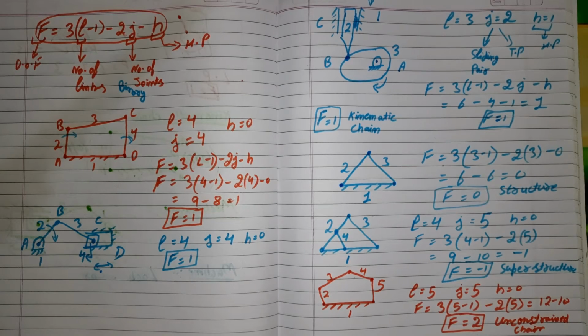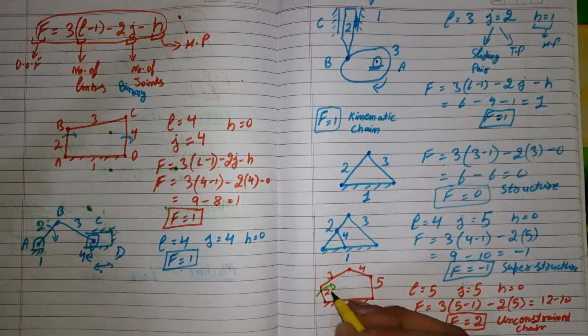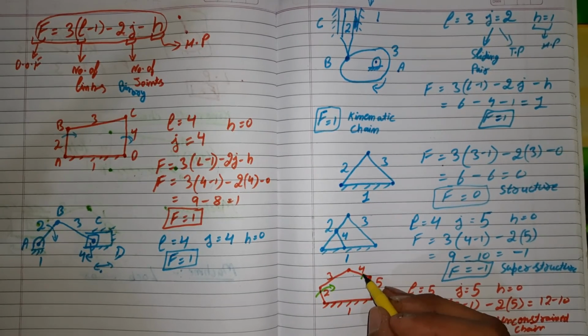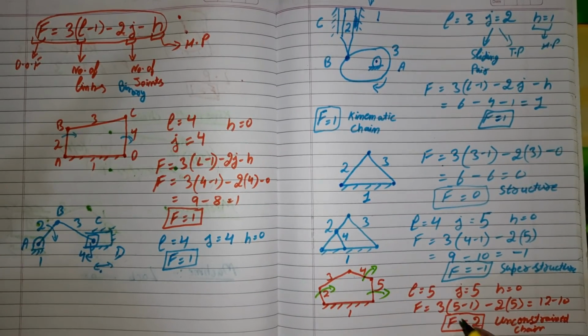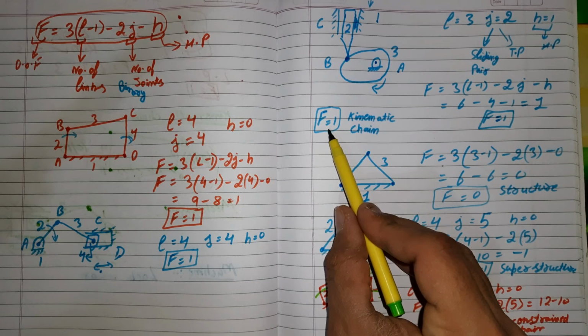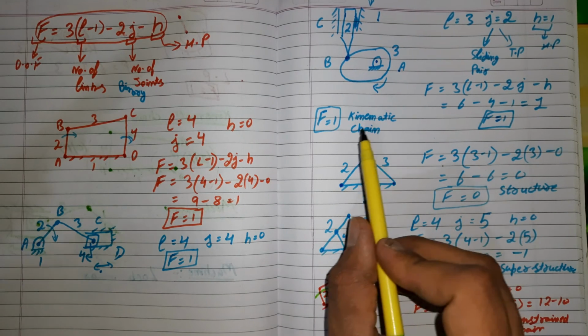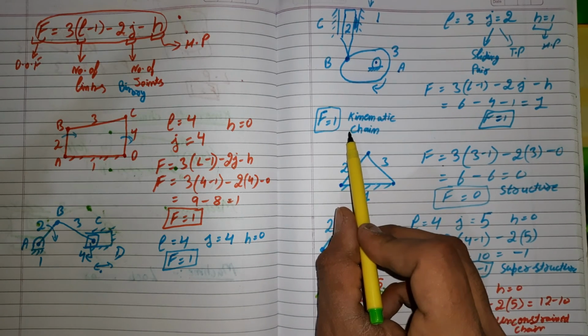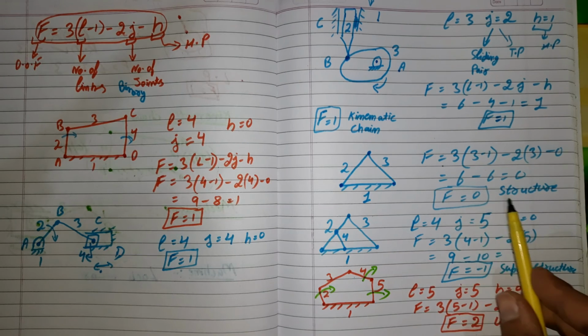Suppose we consider this link 2 as input, we'll get more than one output, like 4 and 5. So more than one output means undesired motion. So whenever degrees of freedom comes out to be 1, it means that it is a kinematic chain. If it is 0, then it is a structure.